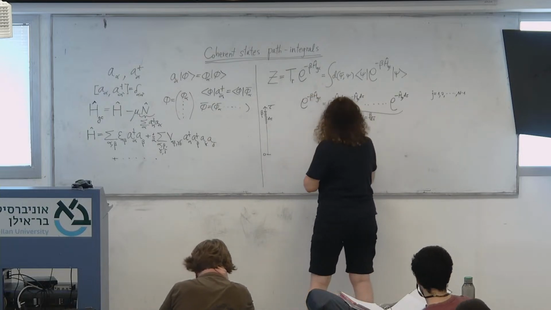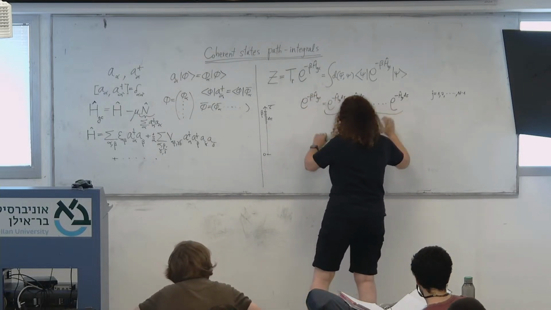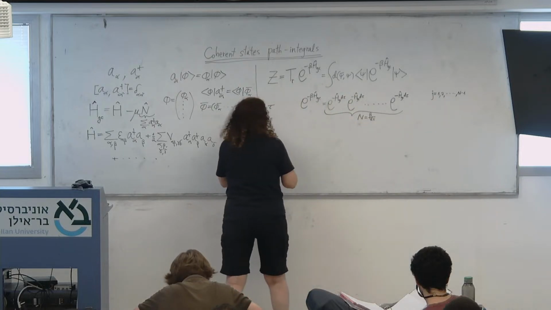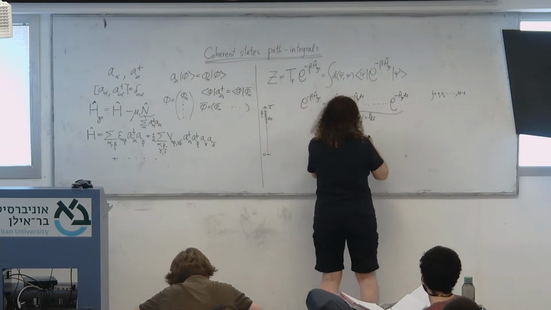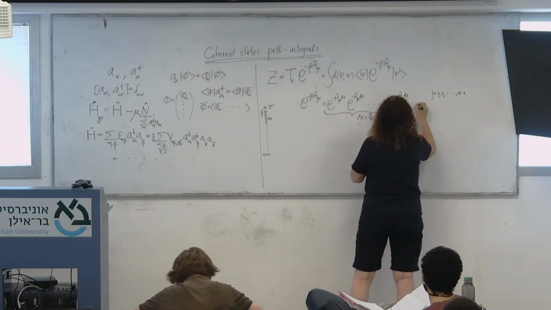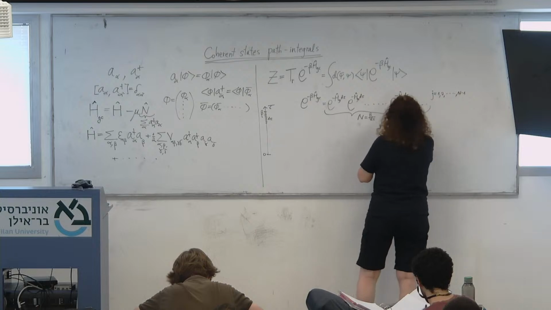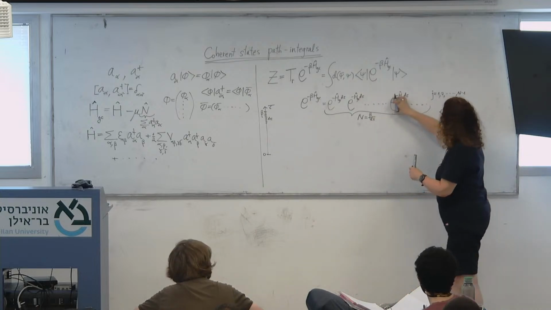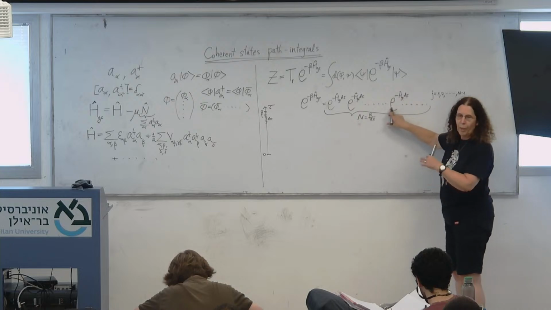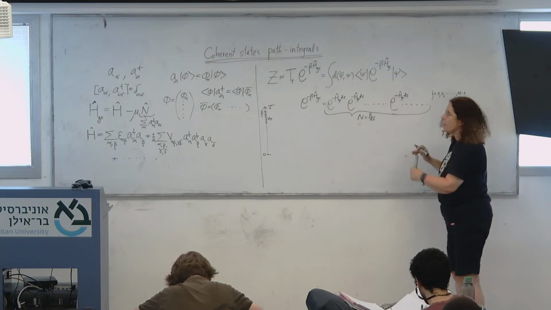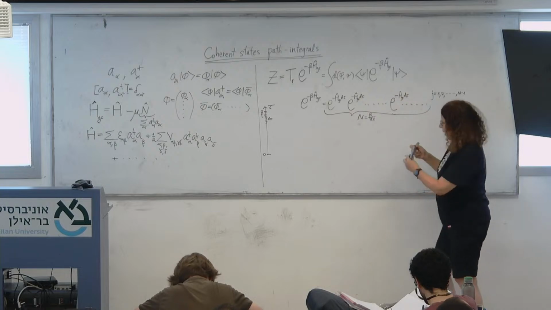So let's just, this is the total expression. Let's assume that somewhere here this exponential is some j in between 1 and n. It's somewhere in the middle.